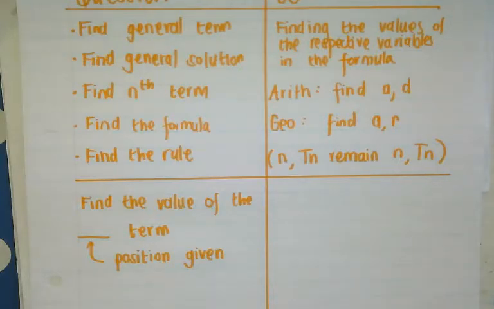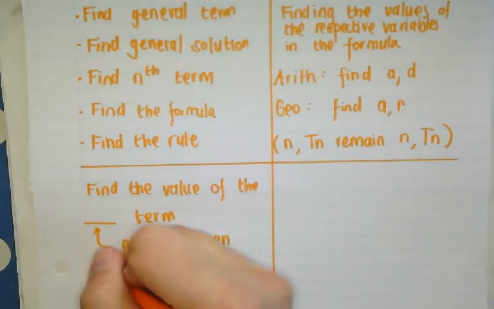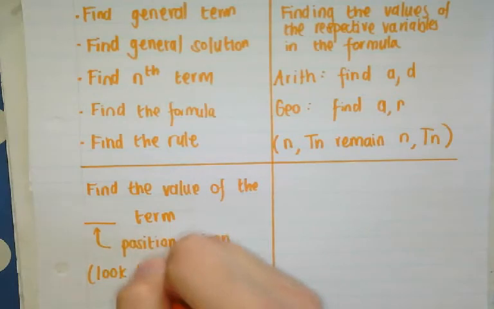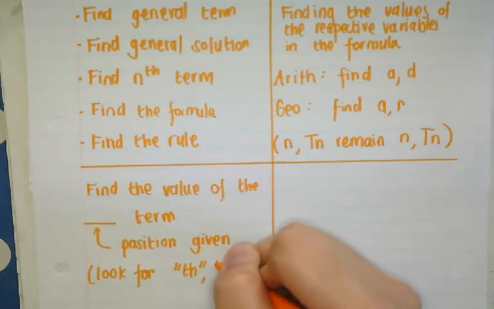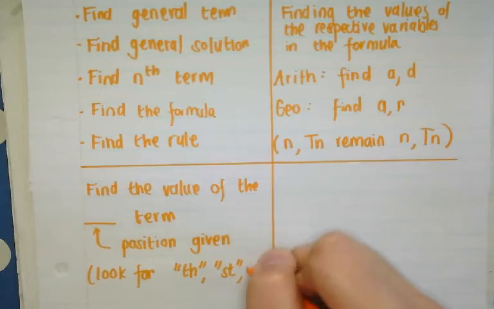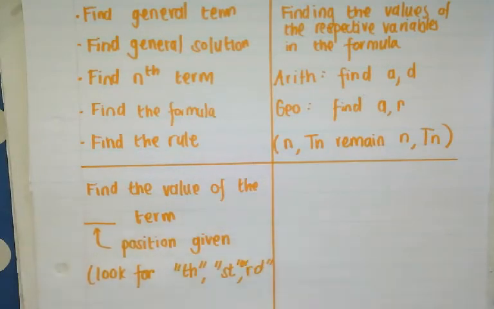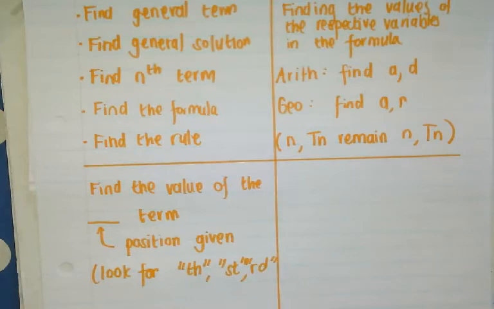So how do I know that the position is being given? Well, I look for those podium words, the RD, ST, something that tells me that it's on a podium, like we do with athletics. Okay, so we are looking for those kinds of words. Third, second, first, 51st, 201st.